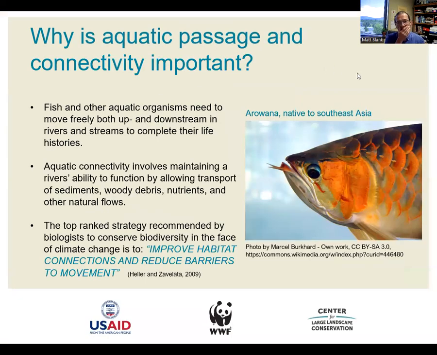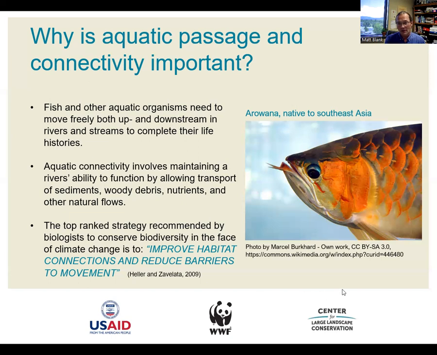Why is aquatic connectivity important? All fish and all aquatic organisms need to freely move up and downstream throughout whatever habitats they live in in order to complete their life histories. That's the basic concept here. In addition to passing the organisms, aquatic connectivity is the broader name, and that basically involves maintaining a river or stream's ability to function naturally, meaning it has the ability to transport woody debris, sediments, and nutrients, and obviously water is a big part of that movement.